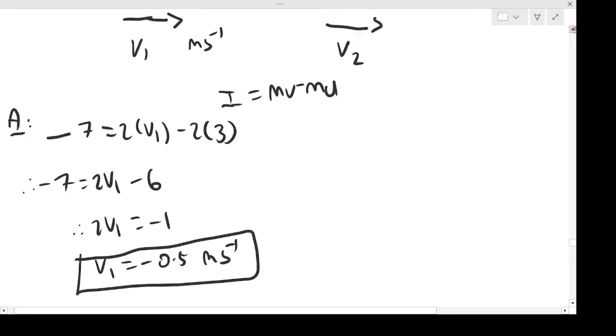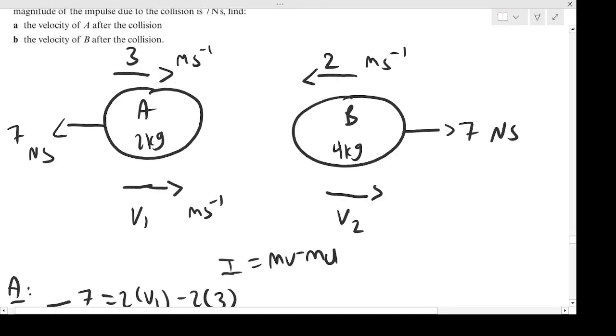And so I have negative 0.5, right? I have a negative answer. So minus 0.5 here. Okay. So again, the negative. Now remember, we just assumed it was going forwards, right? We don't actually know for sure where things are moving in. I just assumed it went forwards, but actually my answer is negative, right? It's a velocity, so the direction matters. So because it's negative, what that's telling me is that the true direction is opposite.